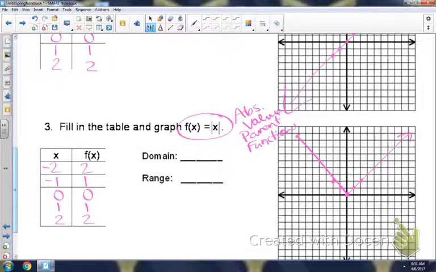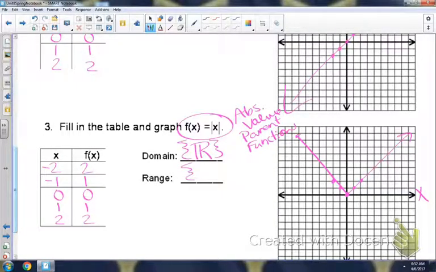Okay, so domain, look at your x-axis. Notice it's continuous to the right and to the left. So domain would be all real numbers. You can plug in any real number in for x. The range, notice it's everything greater than or equal to 0, because when you're plugging in for x, you're always going to get a positive because it's the distance the number is from 0.